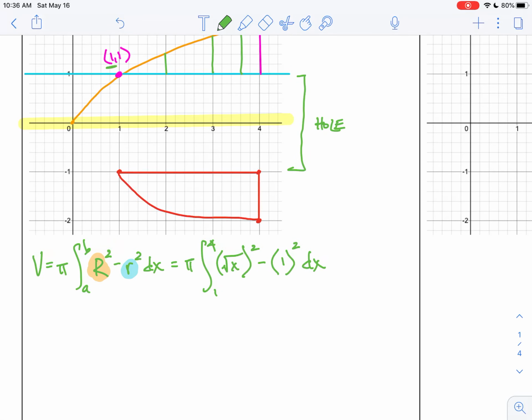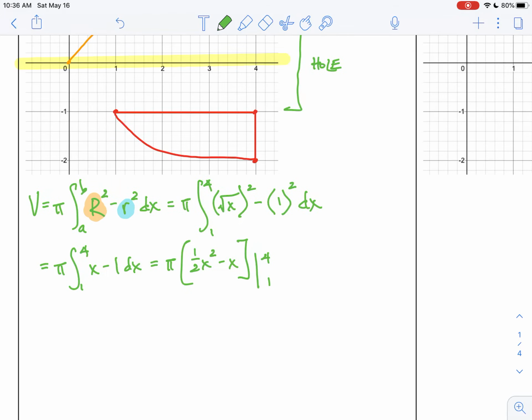All right, so now let's go ahead and simplify. So pi, the integral from 1 to 4 of x minus 1 dx, which equals pi times 1/2 x squared minus x, evaluated from 1 to 4.